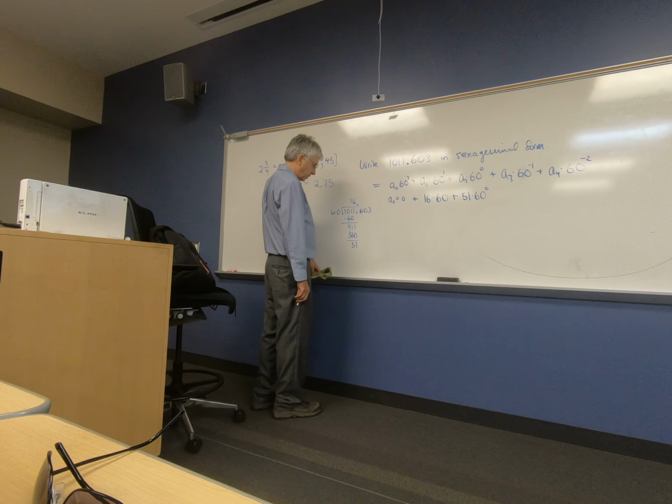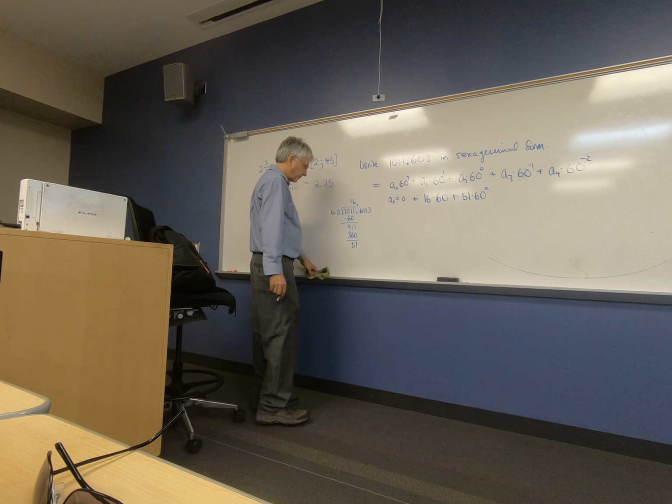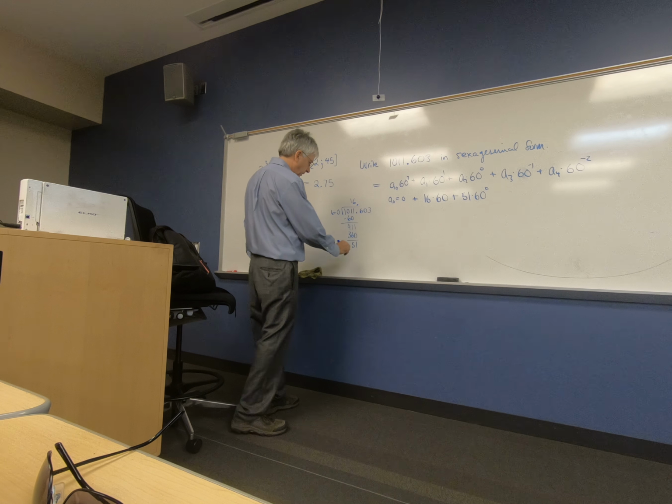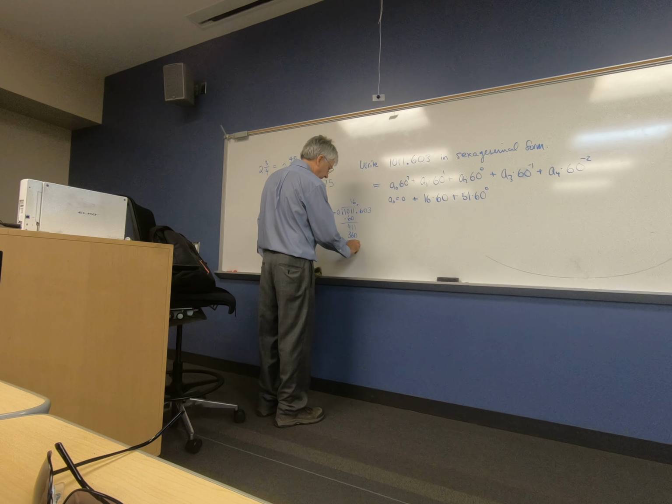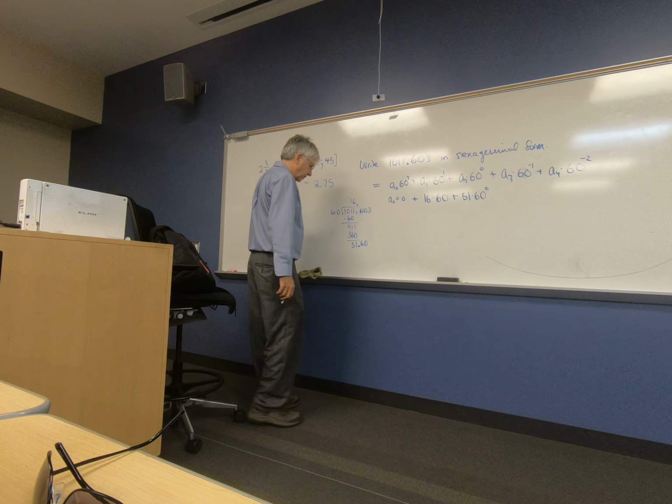You just bring down a 0. Can you still do that? Well, we bring down a 6 in the decimal system, and then we would get a number bigger than 60. Let's bring down, I don't know, 0.60. I'm a little uncertain as to what to do here.